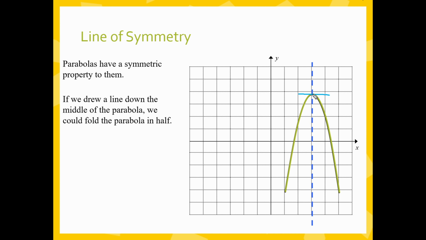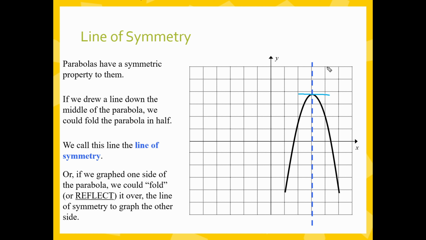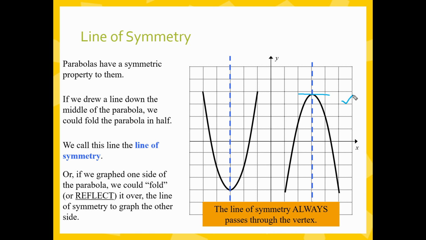As for the turning point, we have some formulas that we can use to get the line of symmetry, or just the turning point in general. We call this line the line of symmetry, and it's vital because every graph has a turning point, regardless of whether the graph is negative or positive.